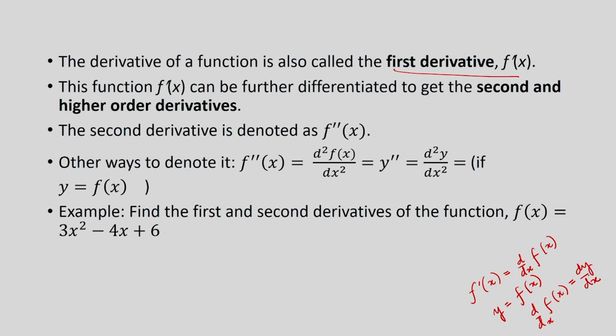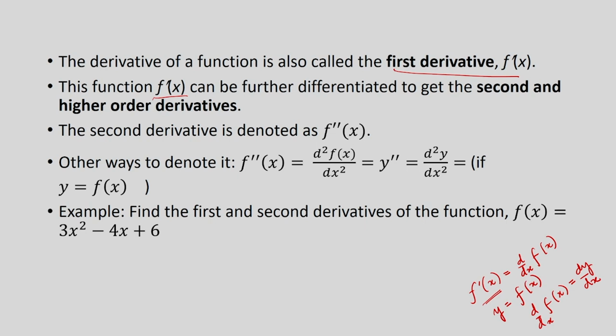So, this is called the first derivative, or f dash of x. This function f dash of x can be further differentiated to get the second or higher order derivatives.